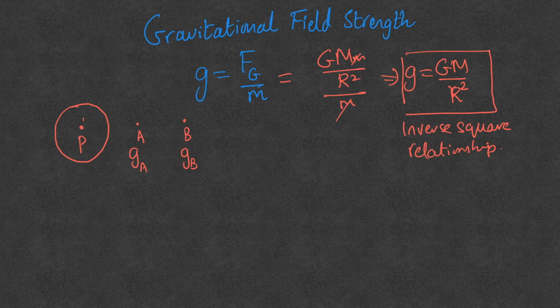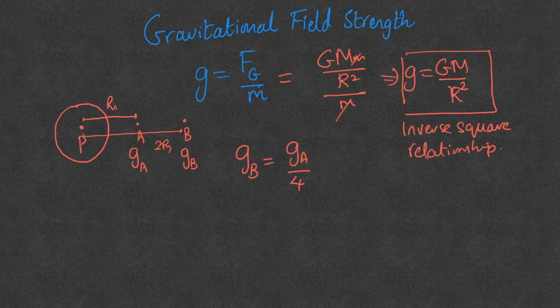Let's say this distance is R1, and this distance is 2 times R1. So the first distance is r1 and the second distance is 2 times r1, then Gb will be equal to Ga divided by 4. That's what we mean by an inverse square relationship. If distance is doubling, then gravitational field strength will reduce 4 times.